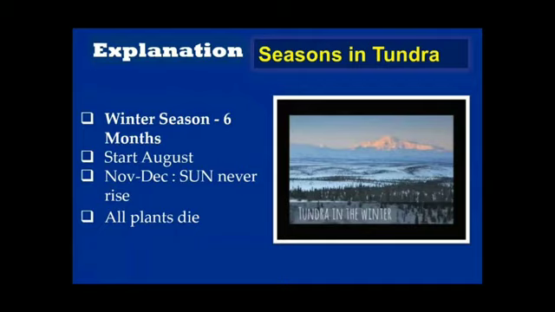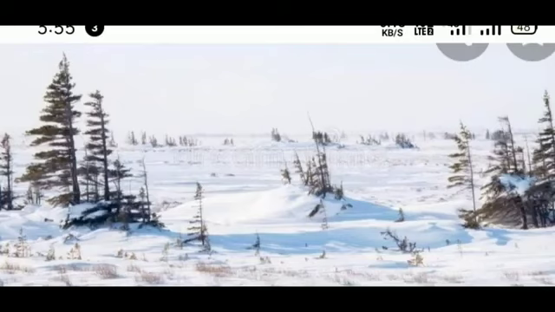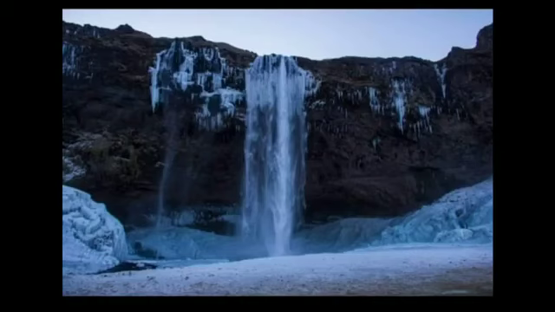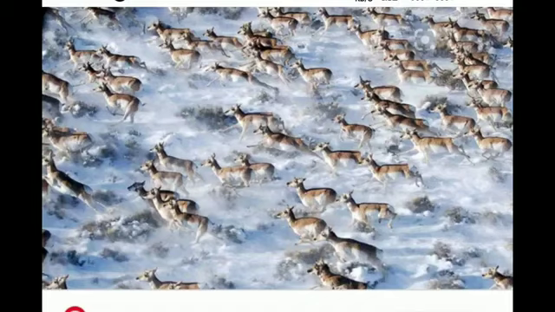You know when it is extremely cold, water freezes to become ice. This is the winter of the tundra. Lakes and seas freeze here. Strong cold winds blow and there is heavy snowfall. All the plants die, and even birds and animals leave this region and migrate elsewhere.